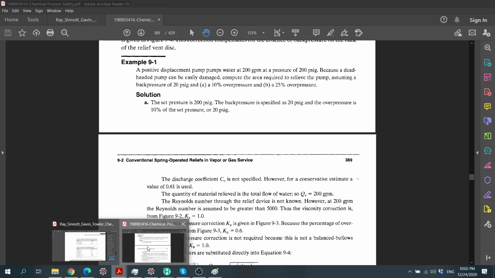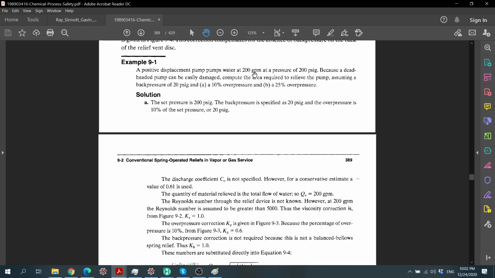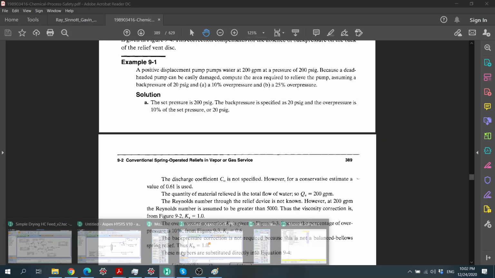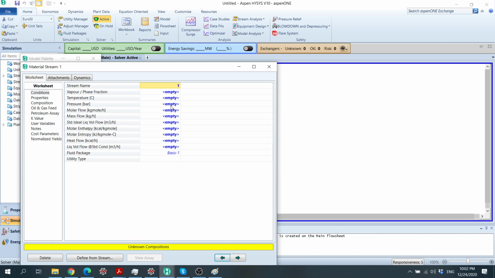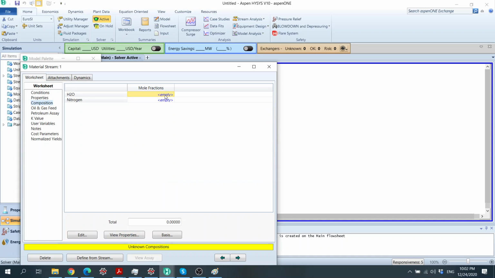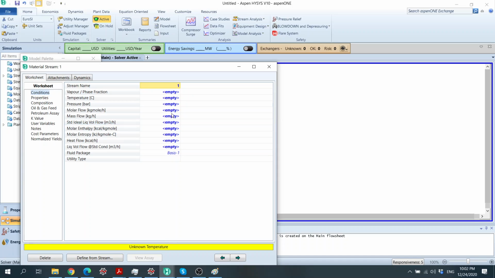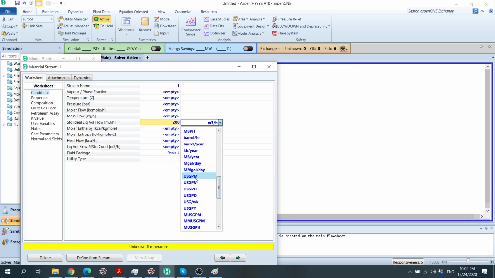How much was that? 200 gallon per minute, 200 psig. Composition is water. 200 gallon per minute. Which gallon? US gallon.